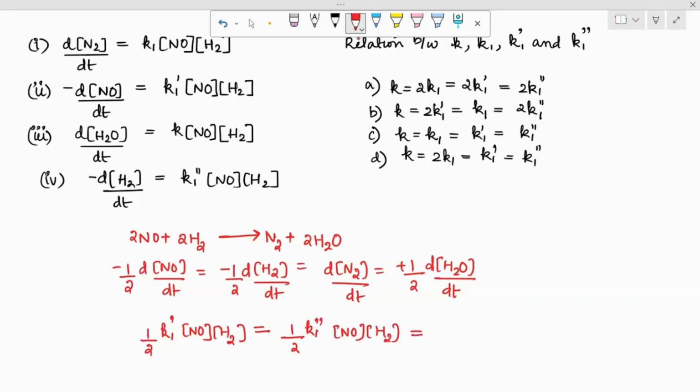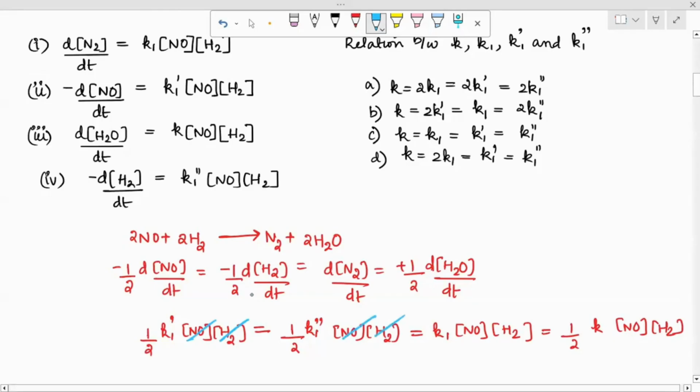Expression for dN2 by dt is K1 NO H2. And finally, water, 1 by 2 K NO H2. Now from these, I can see that NO and H2 are common. I'll cancel them out.